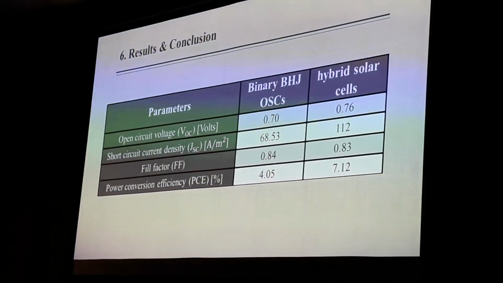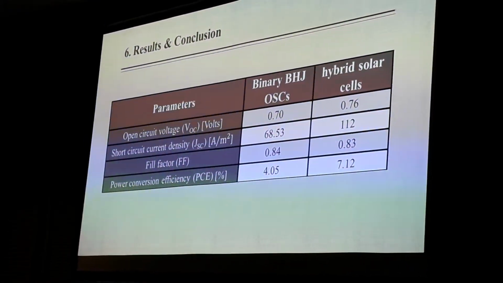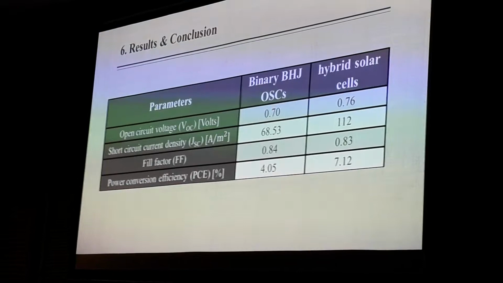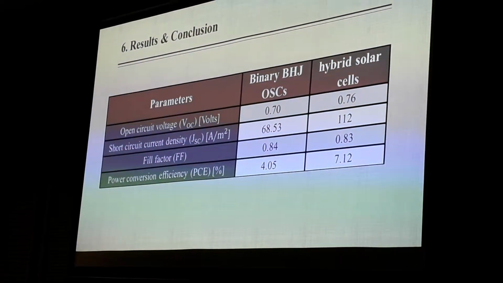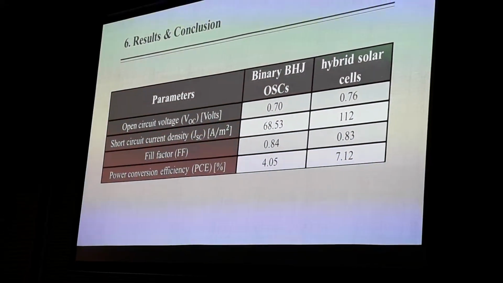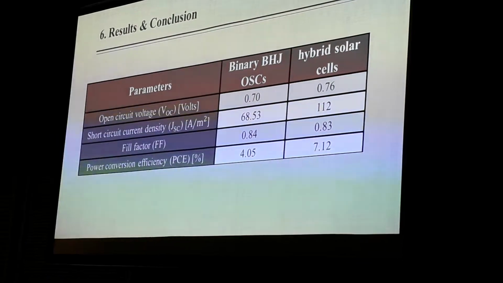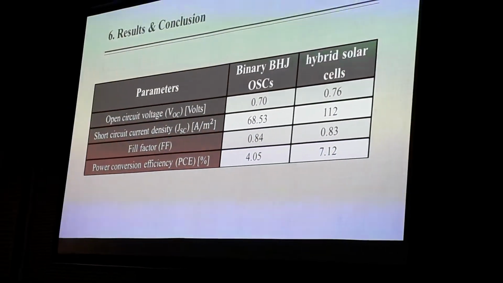But because of the more absorption, our short circuit current density increased dramatically, which drives the enhancement of efficiency. The power efficiency of the organic solar cell was enhanced from 4.05% to 7.12%. So it can be said that quantum dots can enhance the power conversion efficiency by 75%.